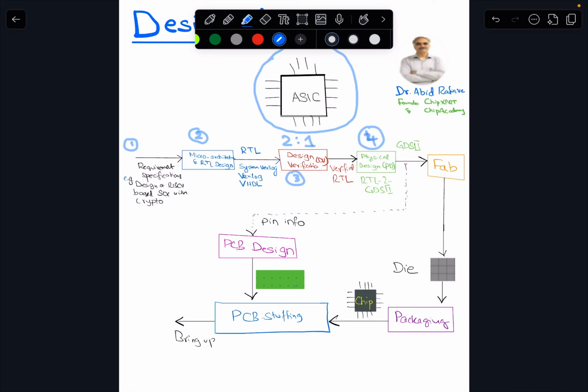The pin info is also taken from here and given to the PCB design team. These two things, fabrication and PCB design, are done in parallel.